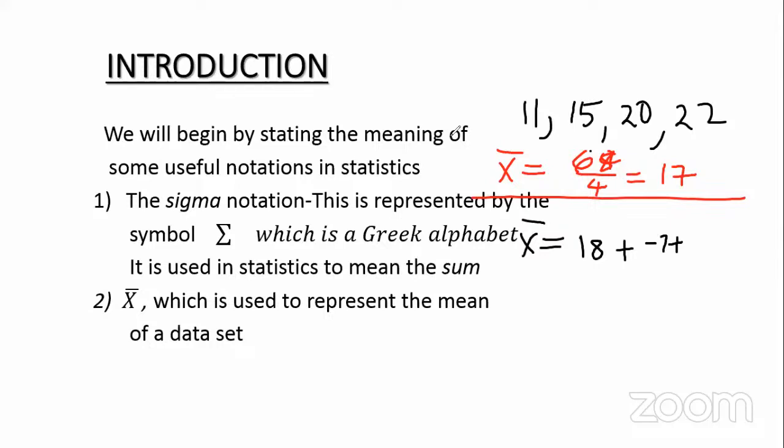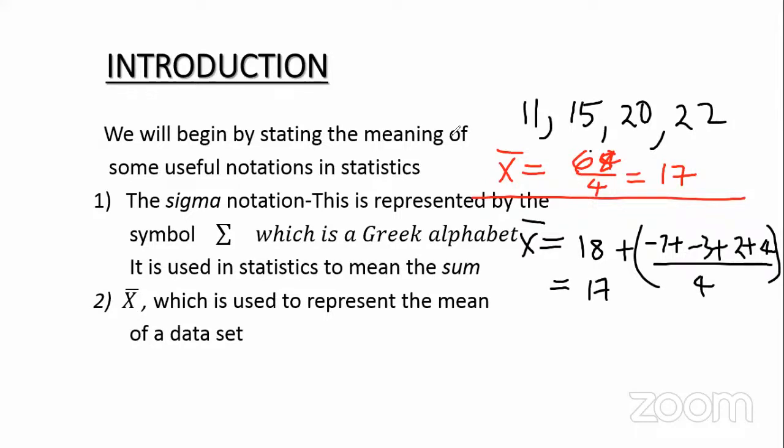What is 15 minus 18? Negative 3. What is 20 minus 18? Plus 2. What is 22 minus 18? 4. Add all those numbers, divide by 4, and tell me the answer. Negative 1. What is 18 minus 1? 17. So the mean is still 17.